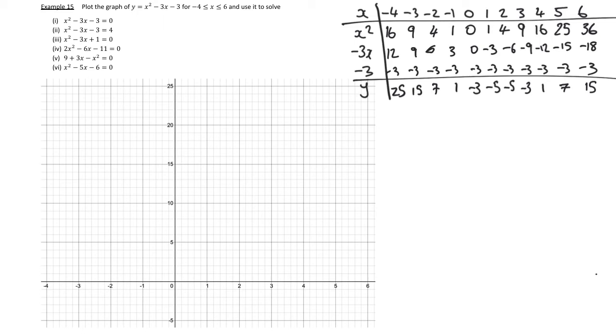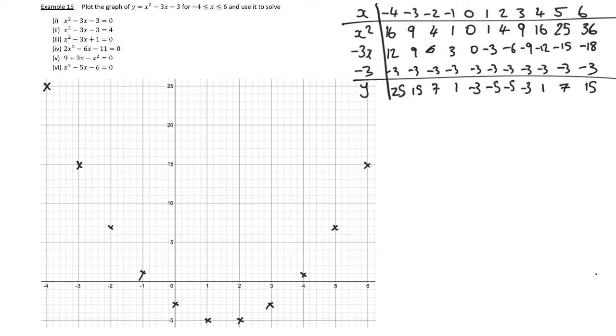So minus 4 corresponds with 25, minus 3 with 15, minus 2 with 7, minus 1 with 1, 0 with minus 3, 1 with minus 5, 2 with minus 5, 3 with minus 3, 4 with 1, 5 with 7, and 6 with 15.